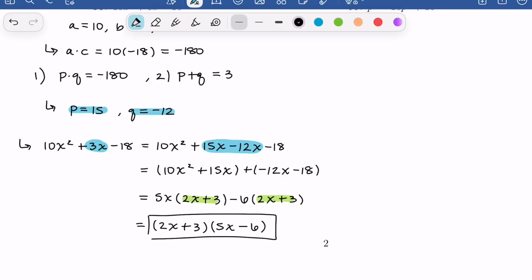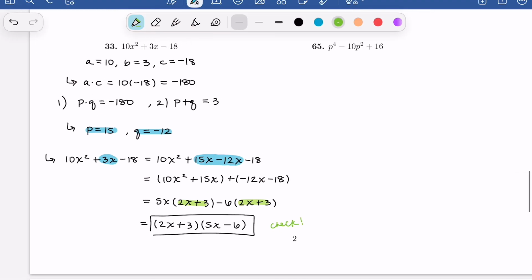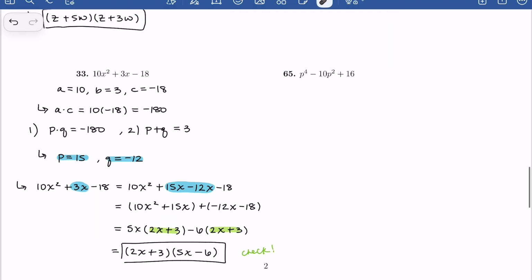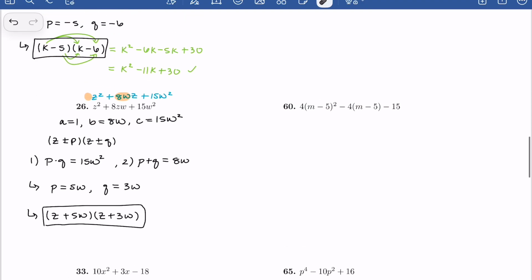And again, we can check our work by foiling. And like I said, it'll kind of make sense why we do this first step here once we do foil this. Notice when I foil this, I'm going to multiply these terms, then these guys, then these and these. So what we're doing in this case is we're taking into account that the coefficient of our x term is multiplying these two values. In the last two examples, notice that our first term here didn't have a coefficient other than 1.